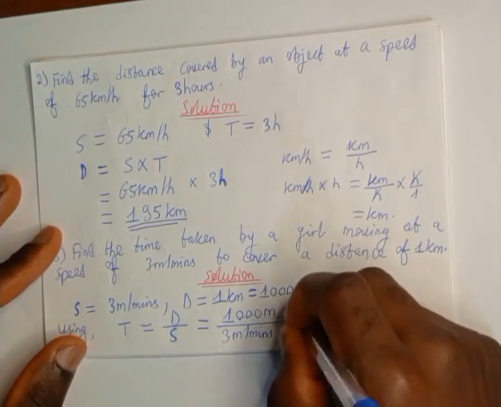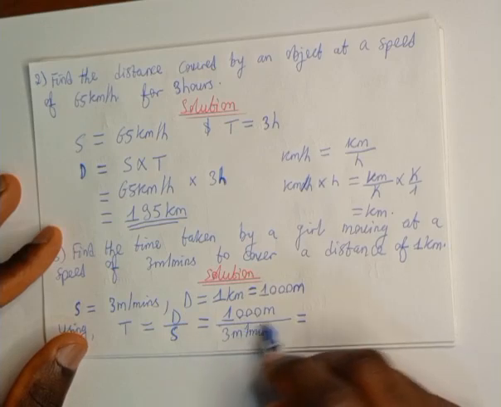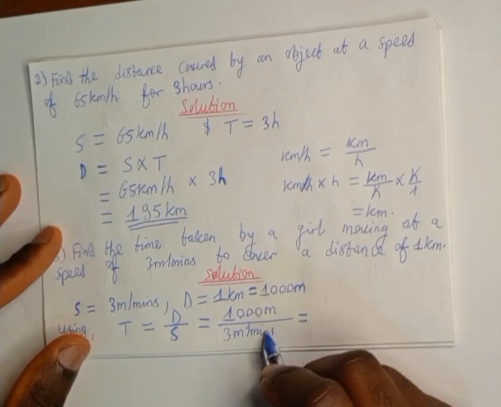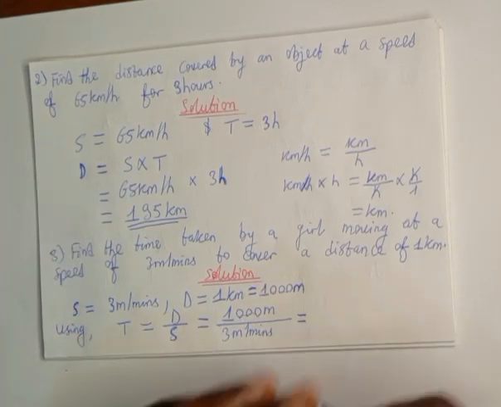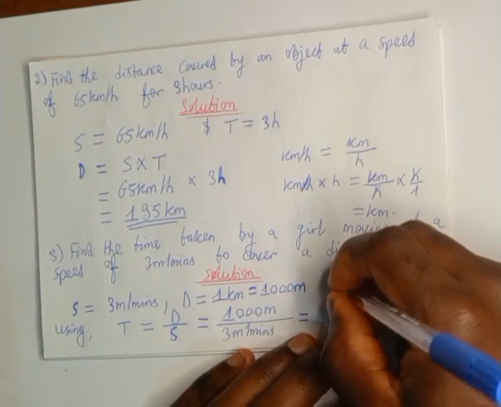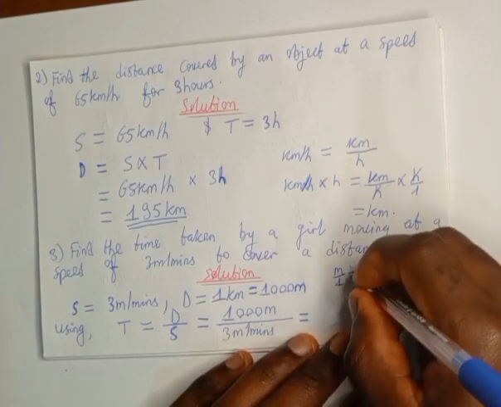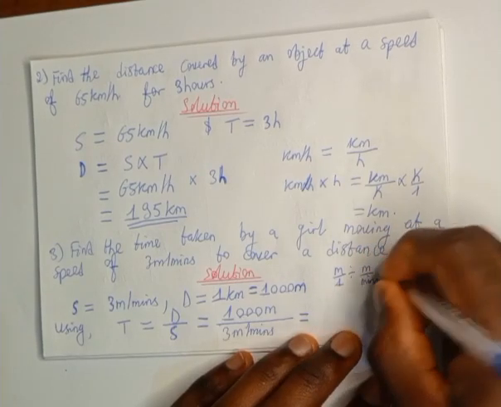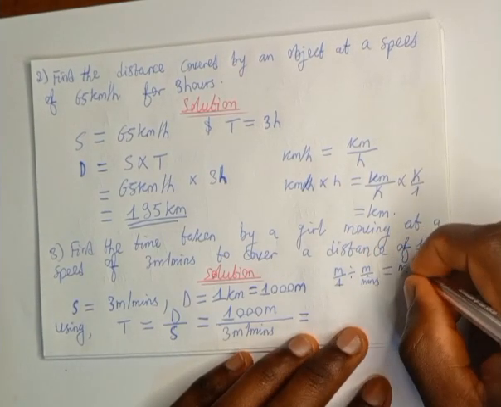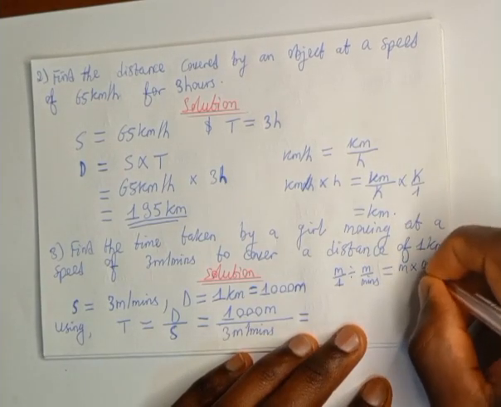This will be meters divided by meters per minute, which will be equal to meters times, we are going to invert the second fraction, minutes over meters.